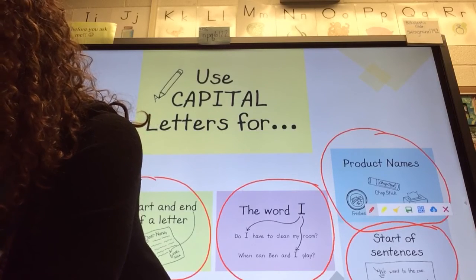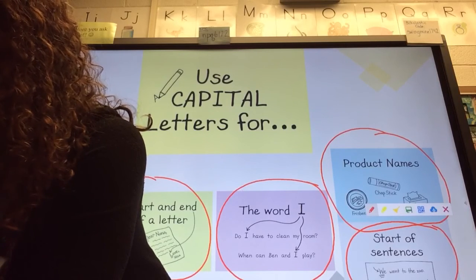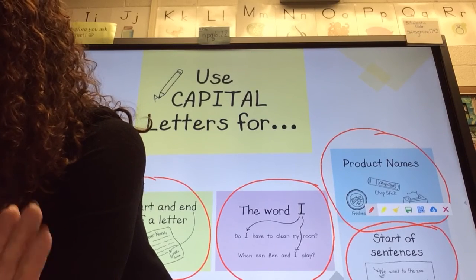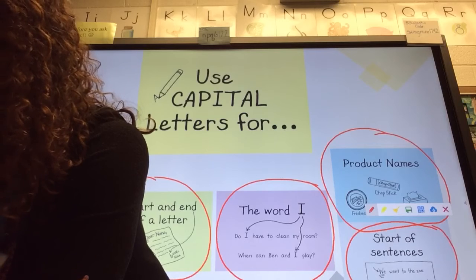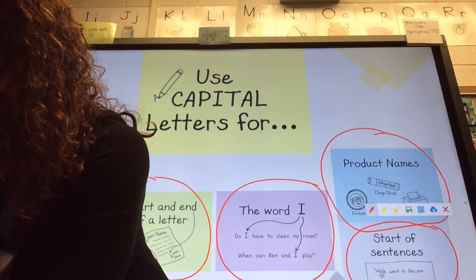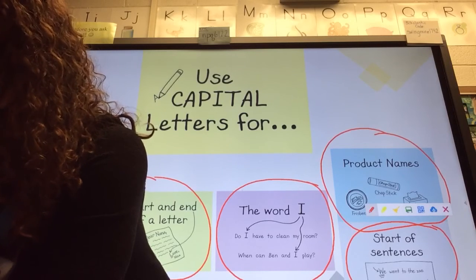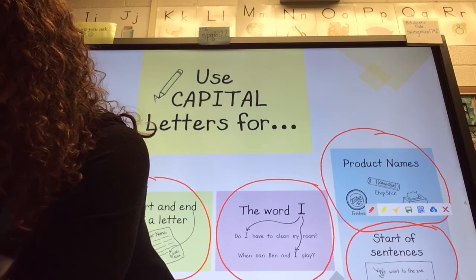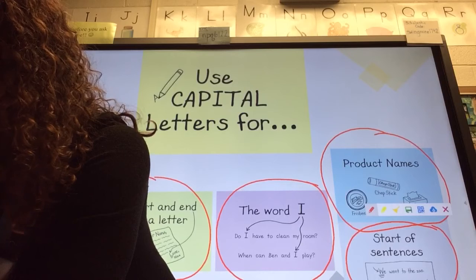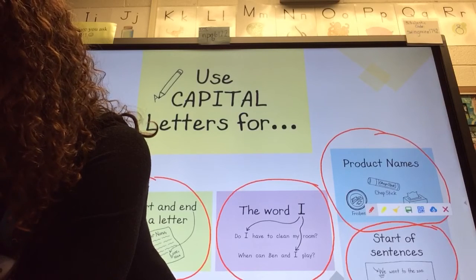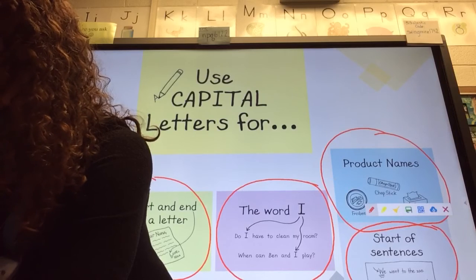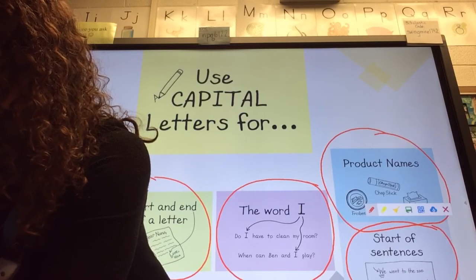What I want you to do, if you can't do it right now, like Annie, I know you're having trouble going back and forth, you can do it later, but I want you to go back in and take a look at your writing and see if there's anything that you can fix up as far as capital letters, okay? So Broderick, I know you can get into Seesaw while you're working on Zoom. If you can pull that up, and it's probably in your journal, because I think I approved it already.